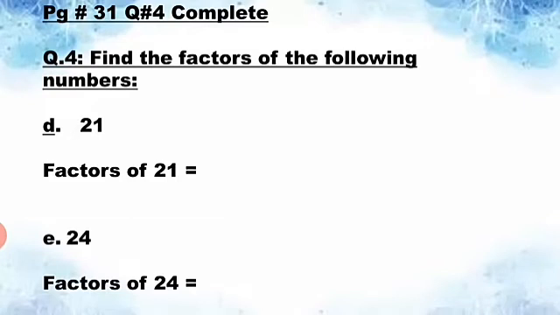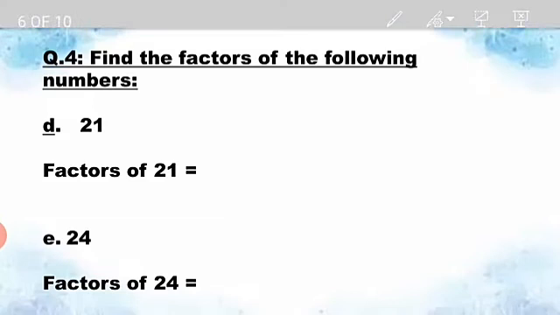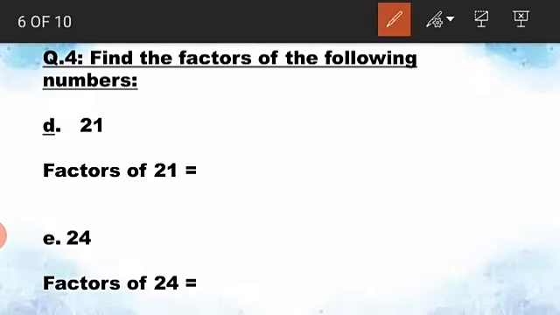Okay, clear? Now class, as you already know, we have to write 1 and 21, as 1 and 21 are factors of 21. After 1, we have to know 2 is not a factor of 21, as 21 is not a multiple of 2. So 3, yes, 3 is a factor of 21 because 3 sevens are 21.